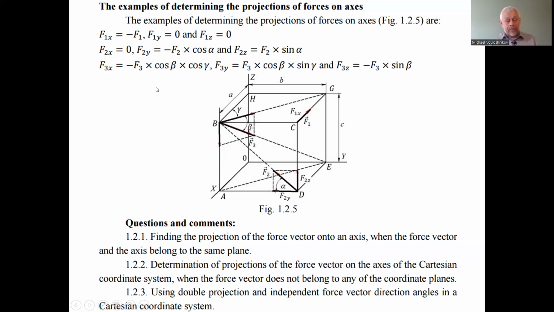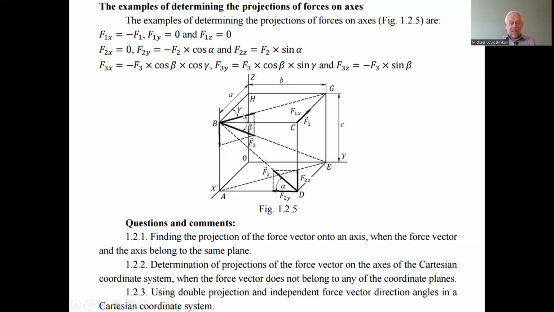So the F3x projection is the product of minus F3 by cosine beta. Beta is the angle between the force F3 and the horizontal plane.